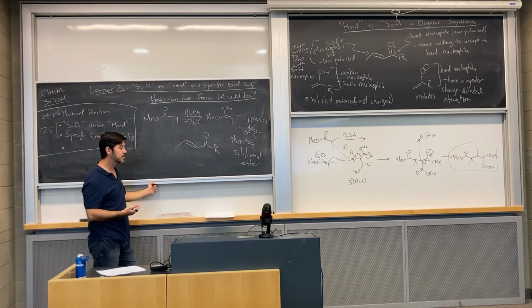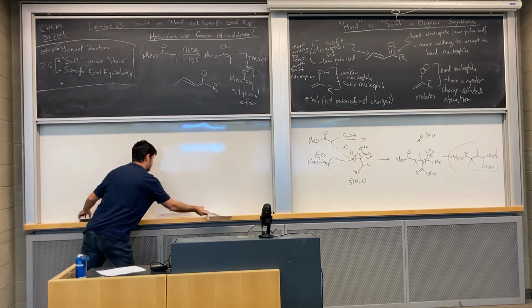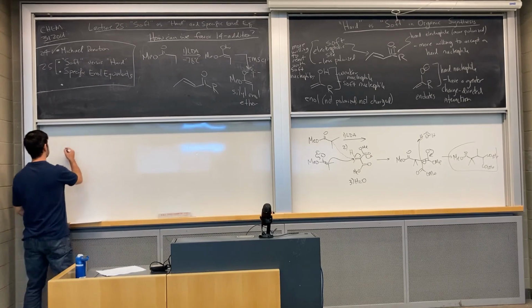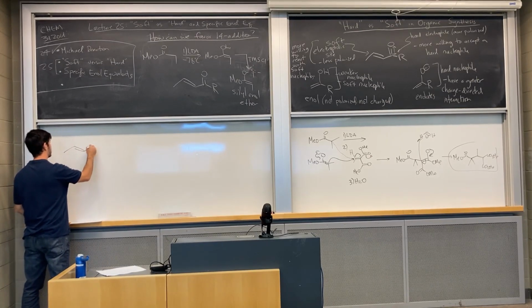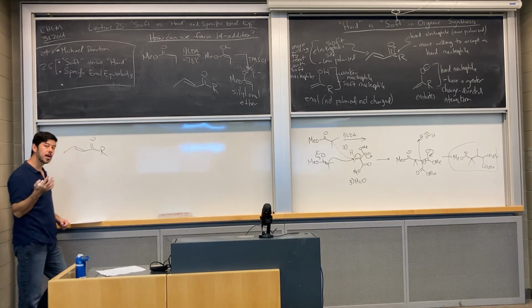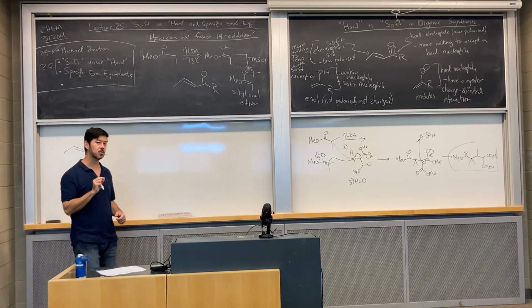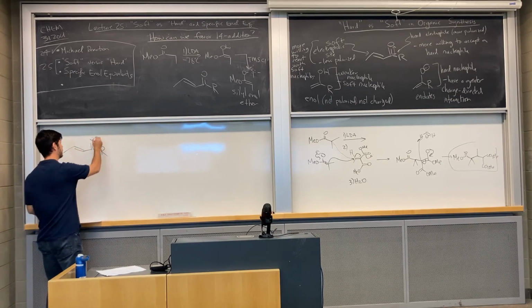So how did we use silyl enol ethers and how did we activate them with their electrophile? Recall that we had to use something like titanium tetrachloride or tin tetrachloride to help activate it.